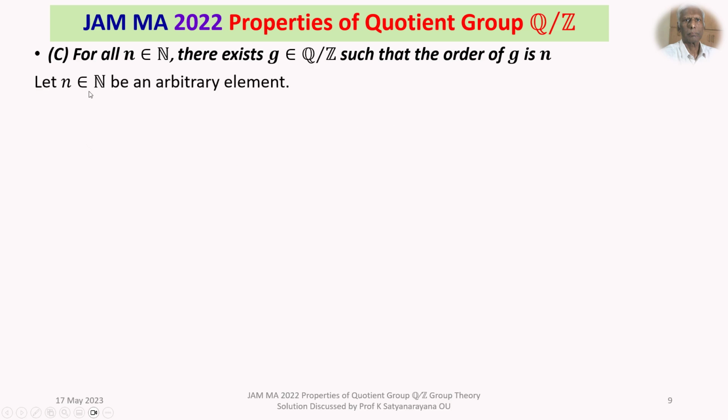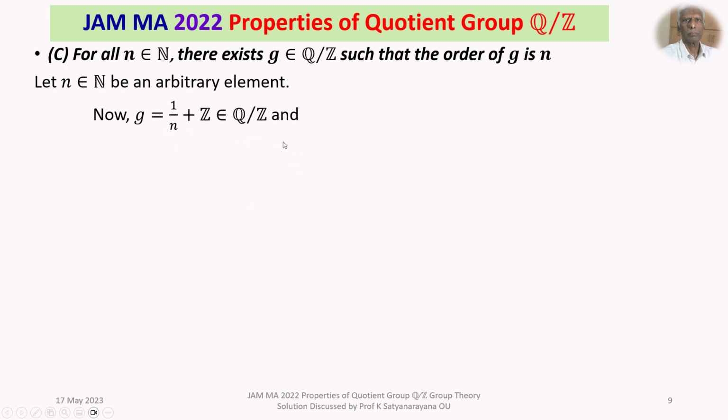Let n be an arbitrary natural number. Let us take any natural number, and now G, the additive left coset, is 1/n+Z. 1/n is a rational number, so the rational number plus Z belongs to Q/Z. That is an additive left coset of Z.